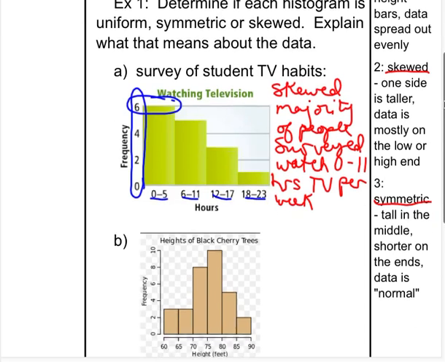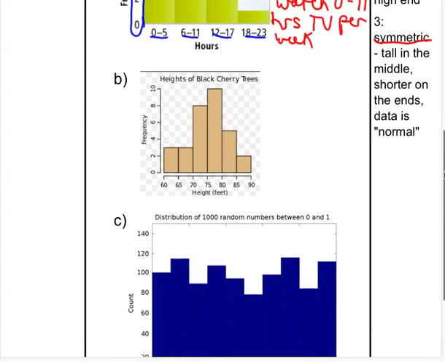All right, our next histogram, we have the heights of black cherry trees. And this one is what's called symmetric, because you can see the bars are taller in the middle and shorter on the outsides or on the edges. So what this tells us is, if you look at my number 3 right here, the data is, quote, normal. So remember that bell curve picture that I showed you when we looked at standard deviation?